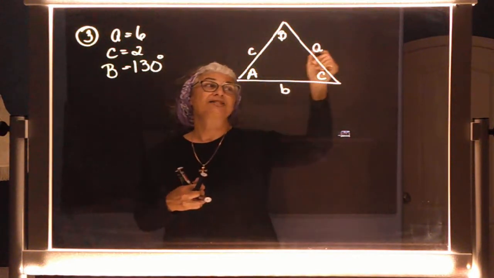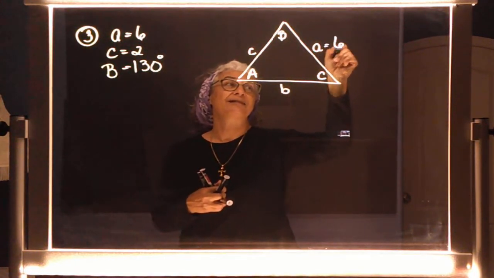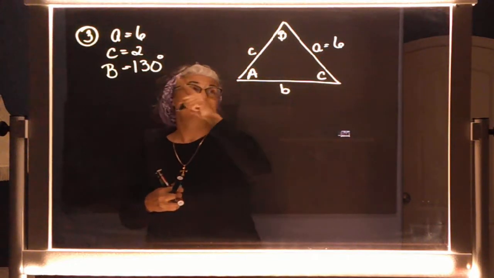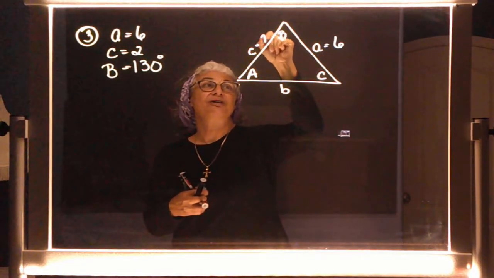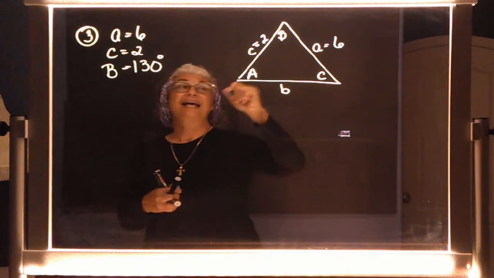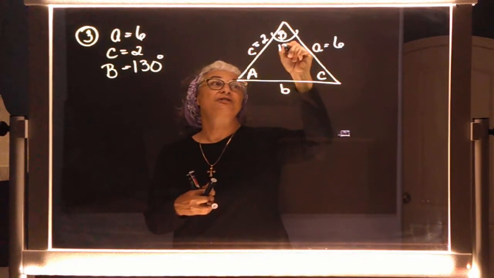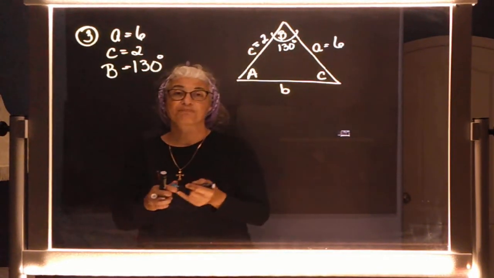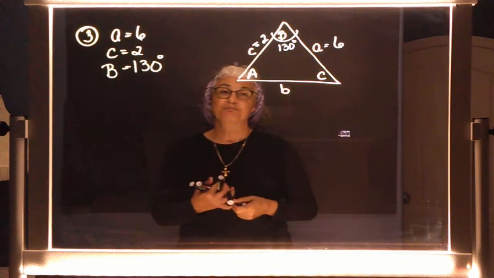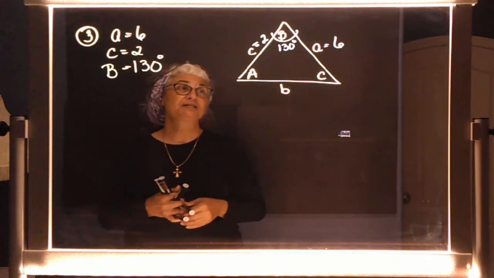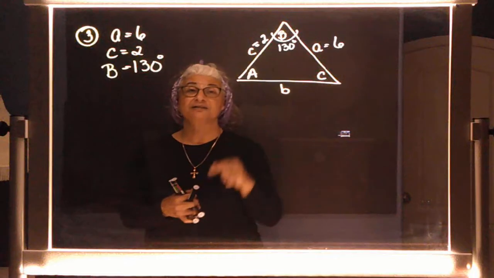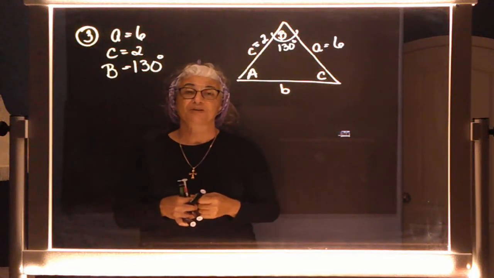With me? Okay, and now that I have these corresponding sides and angles set, I can start filling in the gaps. I know side A has a measure of 6, side C has a measure of 2, and angle B is 130 degrees. So, based upon this information, I have a side angle side triangle, don't I?